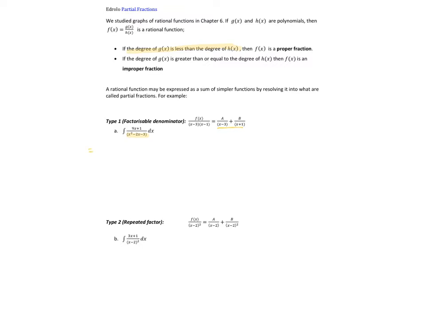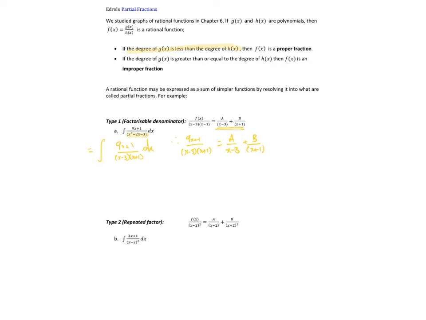So I think from memory, 9x plus 1 over x squared minus 2x minus 3 dx, which is the form that we've got here on the right. So that means we can split 9x plus 1 over x minus 3 times x plus 1 into a over x minus 3 plus b over x plus 1.